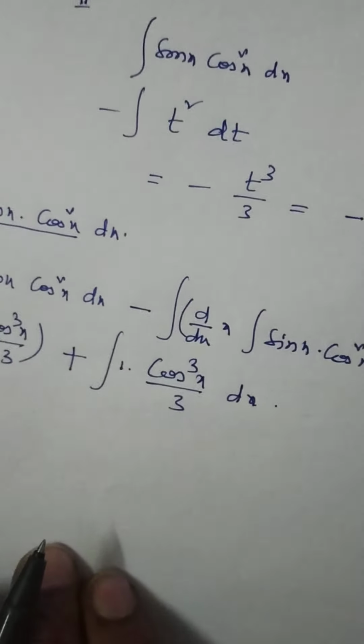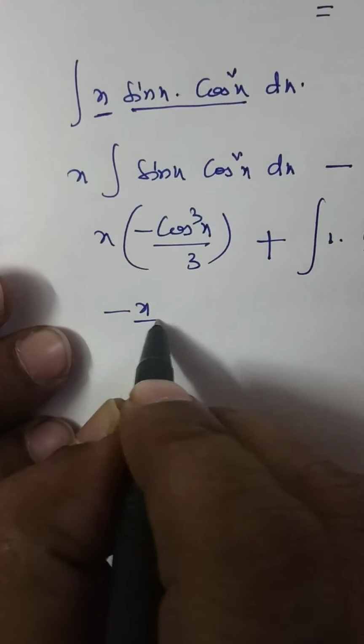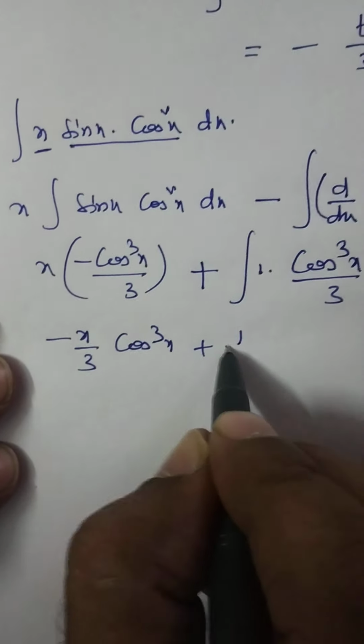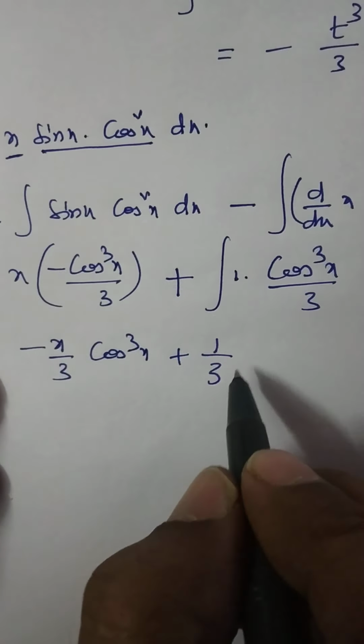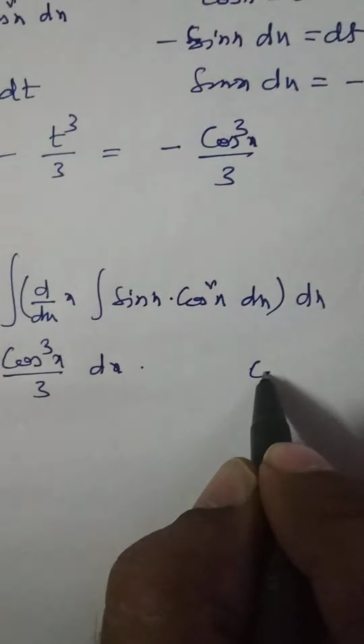So here again minus x by 3 into cos cube x plus, here 1 by 3 is a constant, I am writing it out. Now we have a formula for cos cube x from cos 3x.